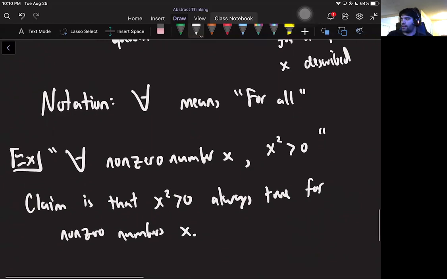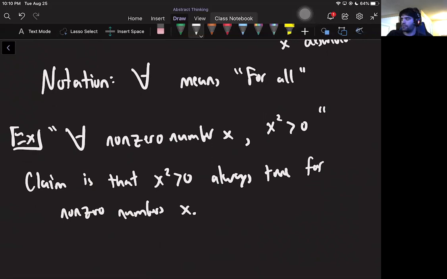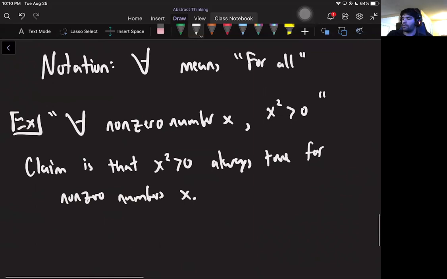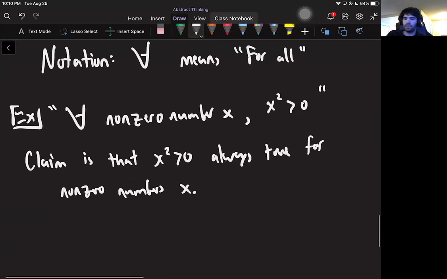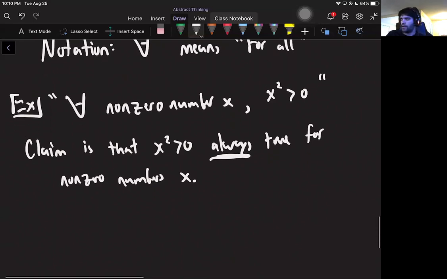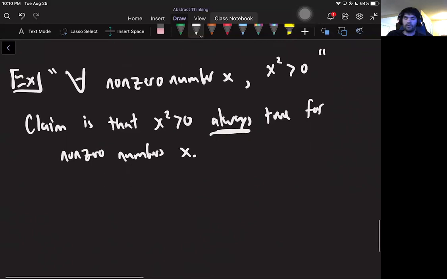And if that is true, that x squared is bigger than 0 for any non-zero numbers x, then that would mean that the whole statement is true. So in this case, it is true. But we won't go through it too much until we get to more examples. Okay, so the key phrase is always, or that's exactly what for all means. Okay, so that's the universal quantifier.